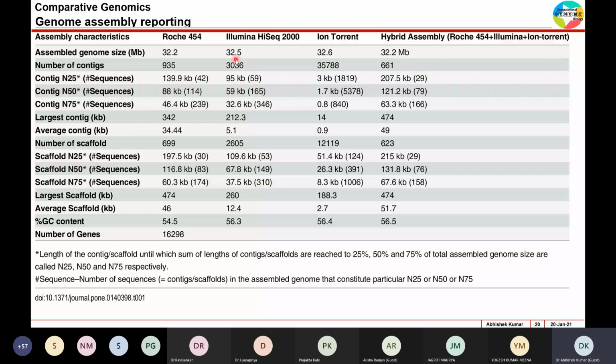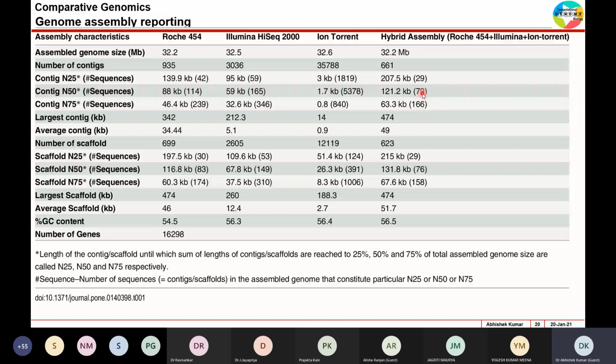But in the hybrid, you see 661 total contigs. What does it imply? In this case, contig N50 is 114. In this one, you see 165. In this one, 5,000 something. And then in the hybrid one, which is final, a mixture of all, we have 79 sequences and an N50 of 121.